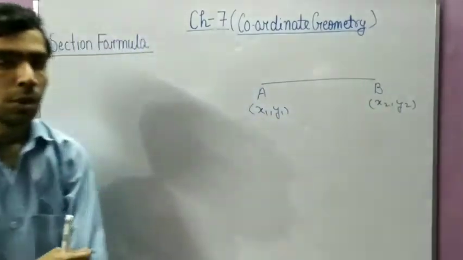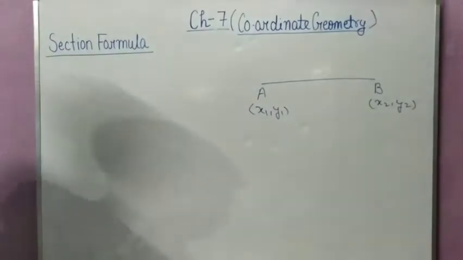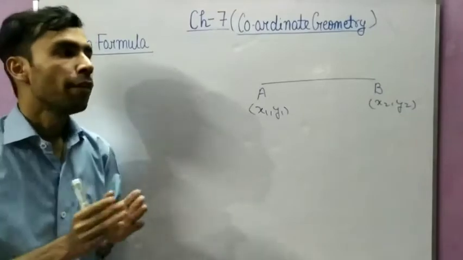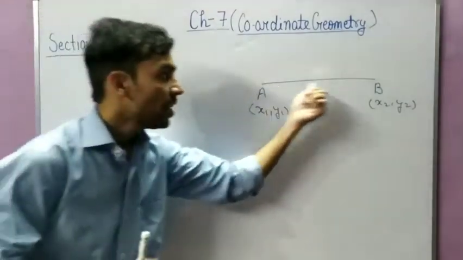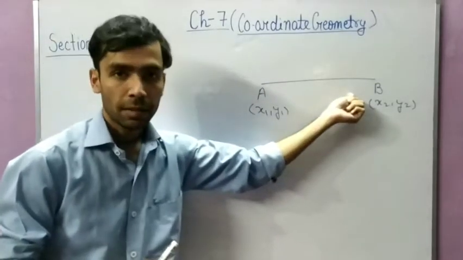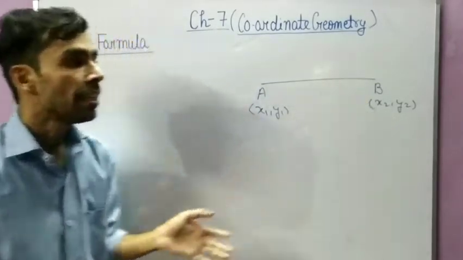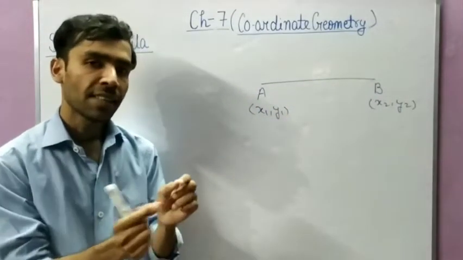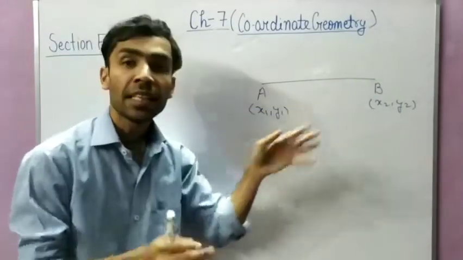So according to the section formula, when a point divides any line segment internally, suppose AB is a line segment, and there is a point which divides AB in a certain ratio.